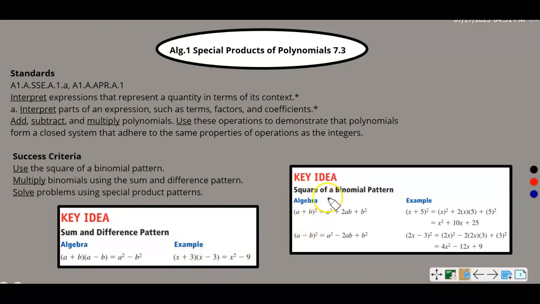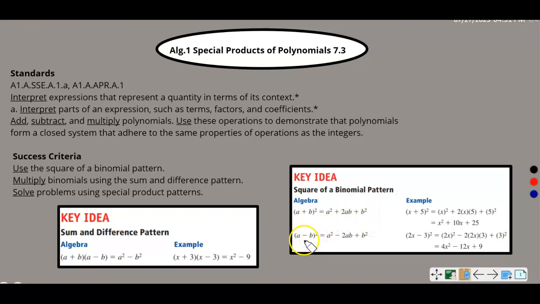All right, so to square a binomial, you've got a plus b quantity squared. Every time, that's going to result in the first term squared, you can see a squared here, plus twice ab. So multiply ab, and then double that, gives you your middle term, and then plus b squared, your last term squared.